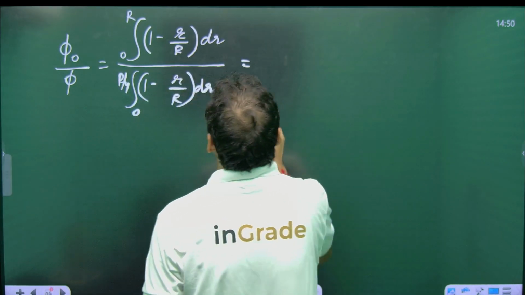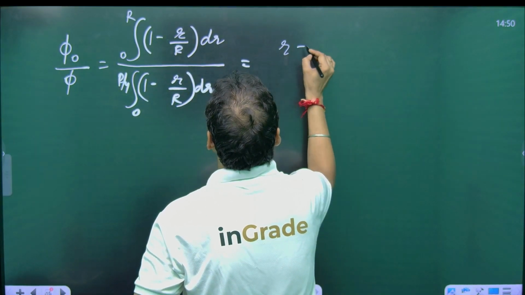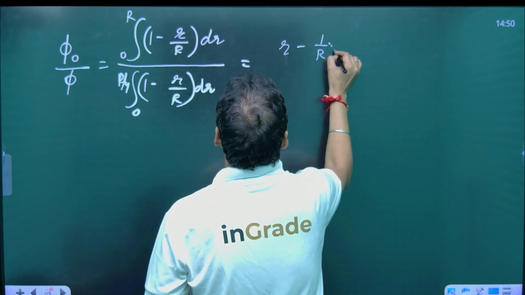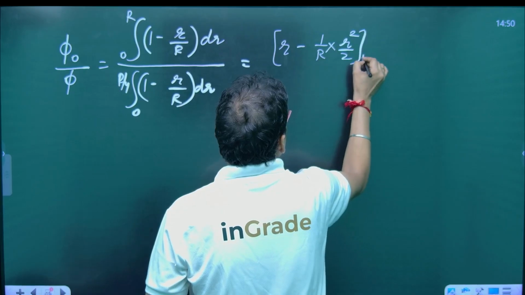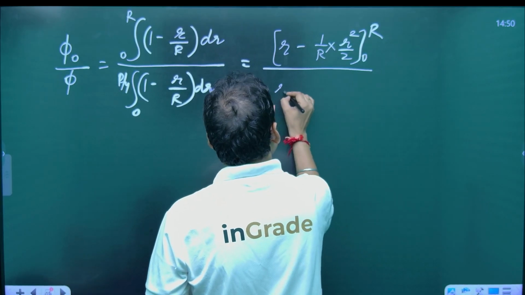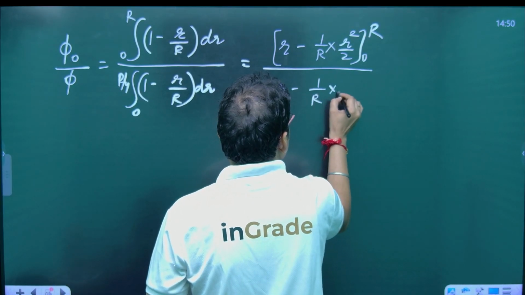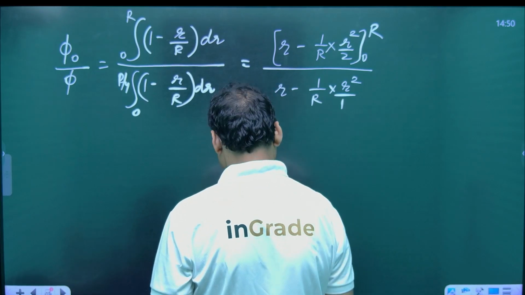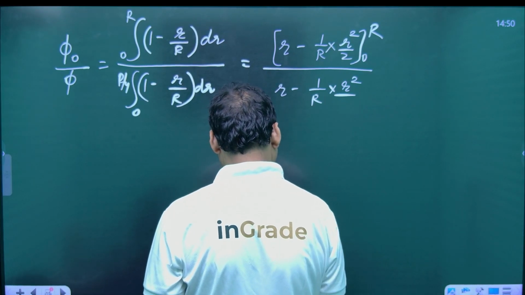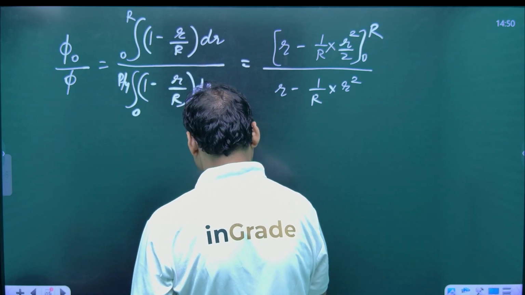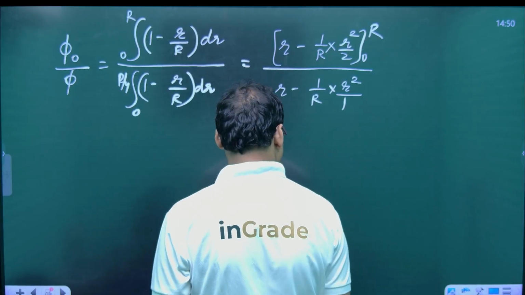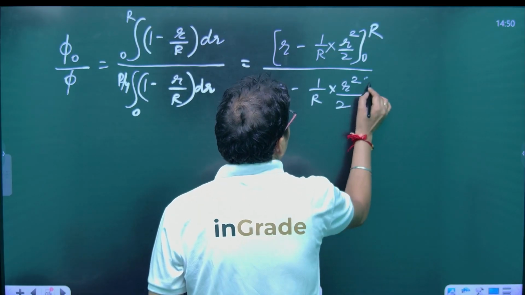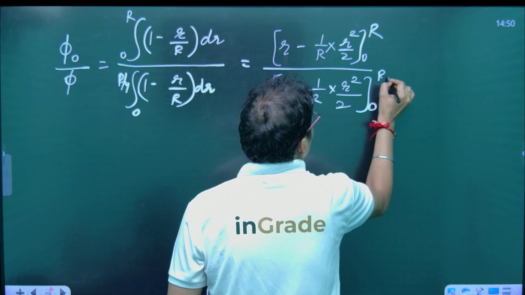It will be the integration of dr, which is r minus 1 by R into r square by 2. Put the limit 0 to R, then again the same with limit 0 to R by 4.